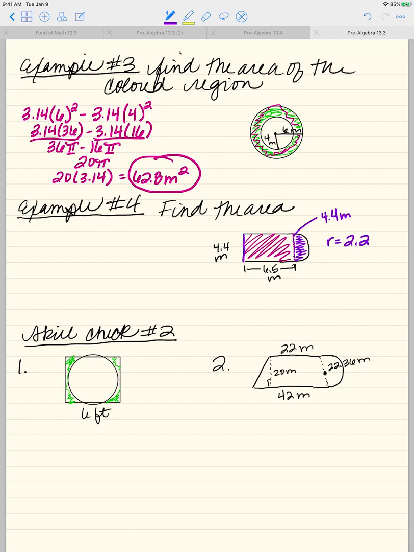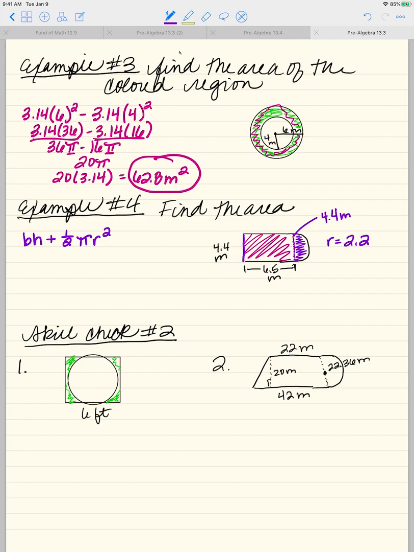So again, how am I going to find the area of this? Well, I'm going to do the area of the rectangle, which is base times height, plus the area of half of this circle. So plus 1/2 pi r squared to give me the area of half of a circle.